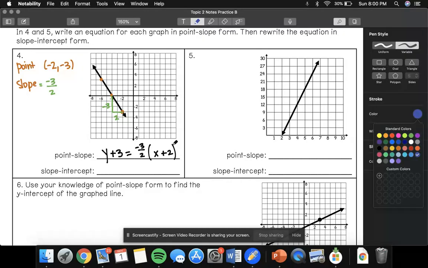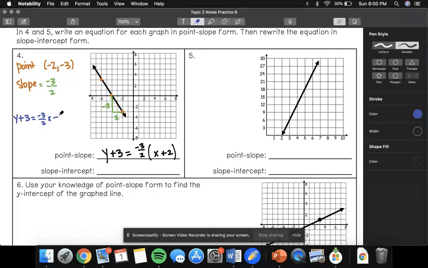So we will distribute the -3/2. -3/2 times +2 would become a -3. We would take out that 3. And we get y equals -3/2 x minus 6, which does make sense because if we went down 3, right 2, we would cross the y-intercept at -6.